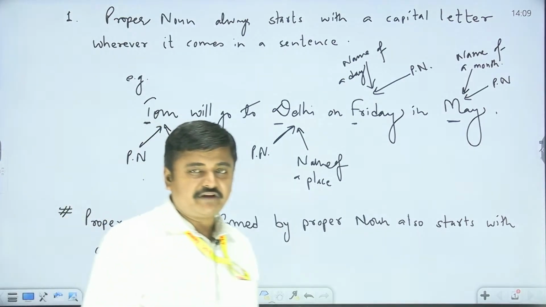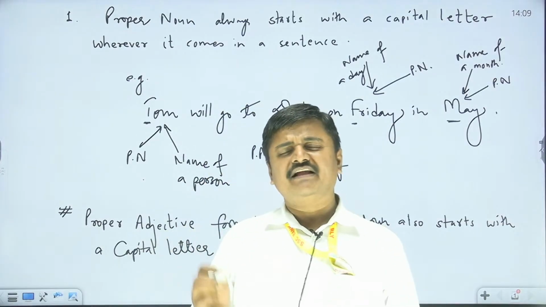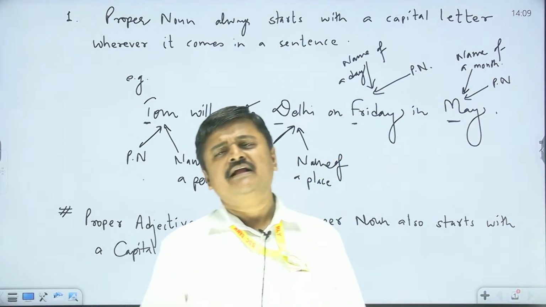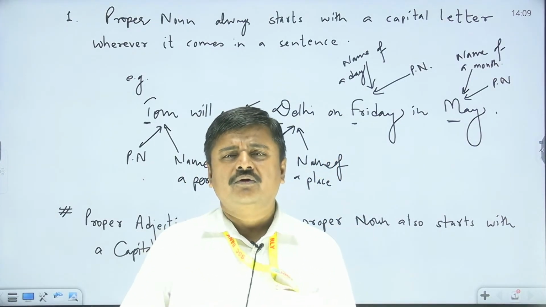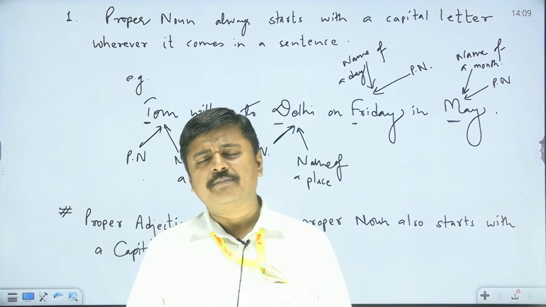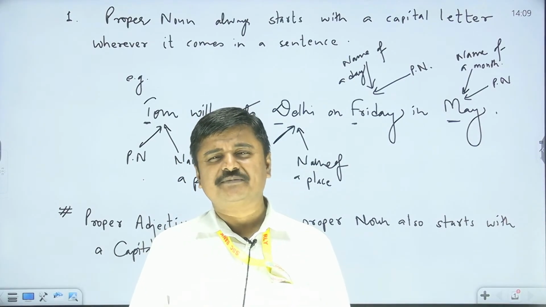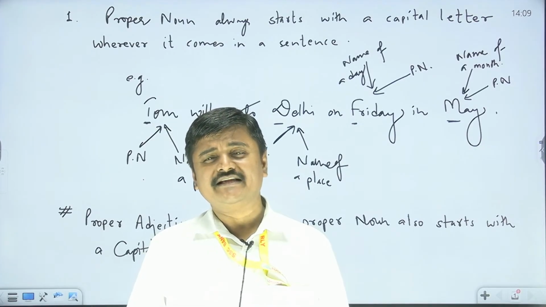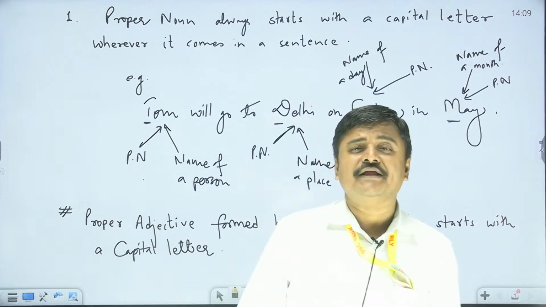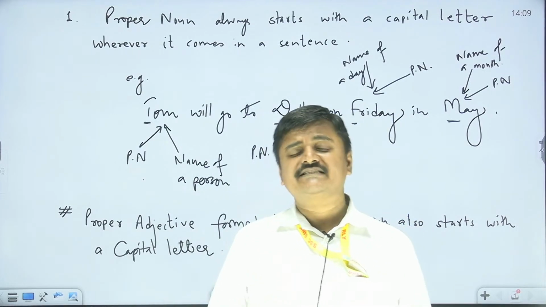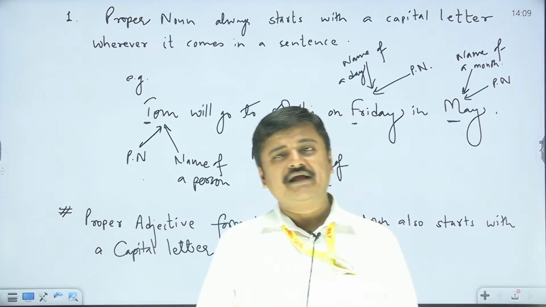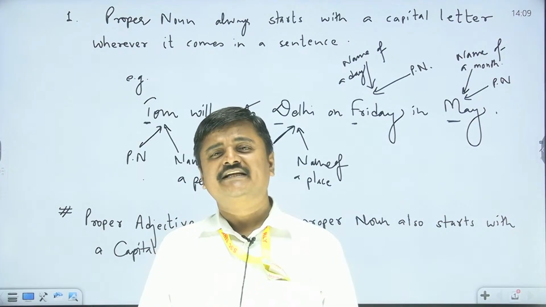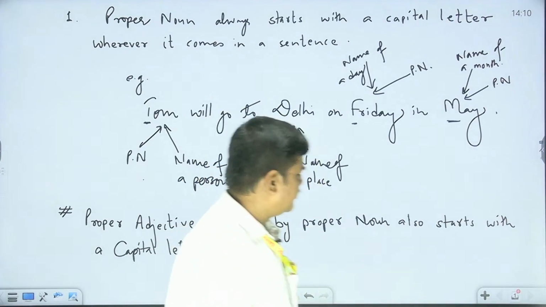It means whenever you see a proper adjective in a particular sentence, the proper adjective will also start with a capital letter. It is not only the proper noun that starts with a capital letter. There is also one part of speech that we call proper adjective. It is made from a proper noun, that's why its name is also proper adjective. A proper adjective is formed by using a proper noun. Let's see how.